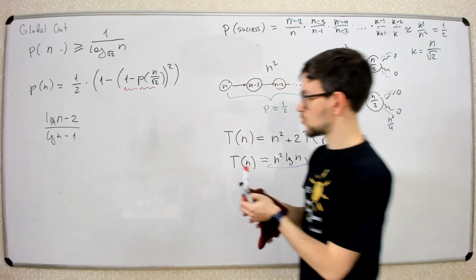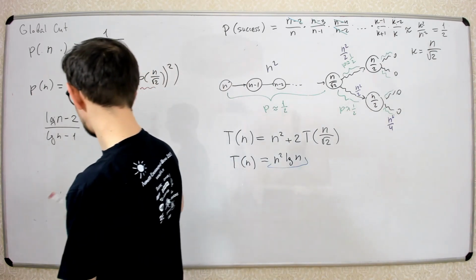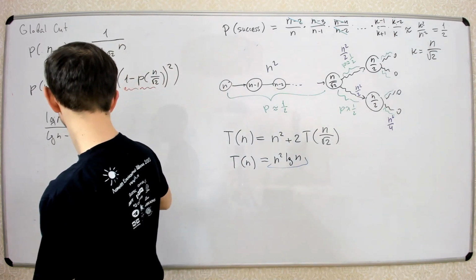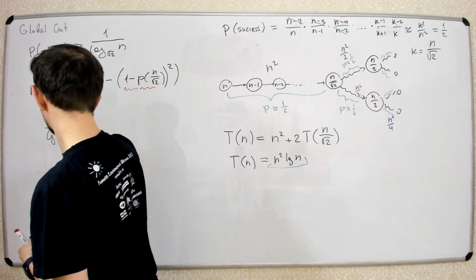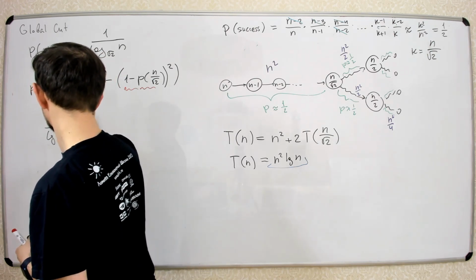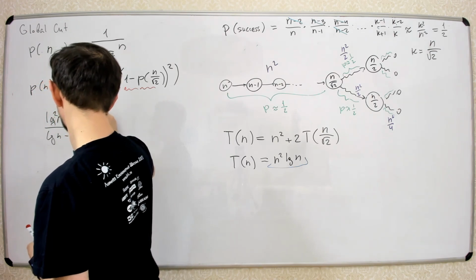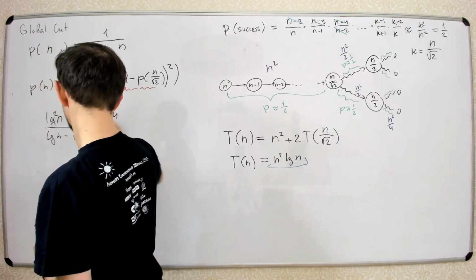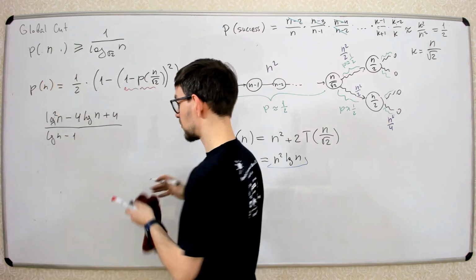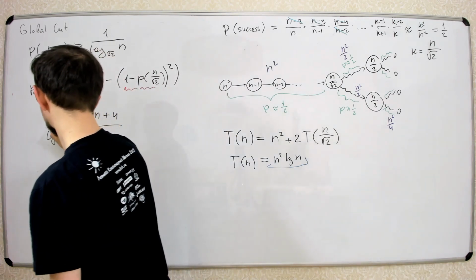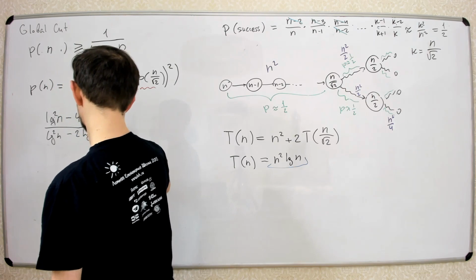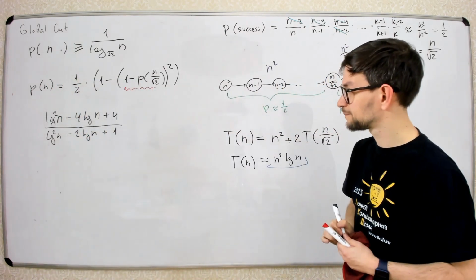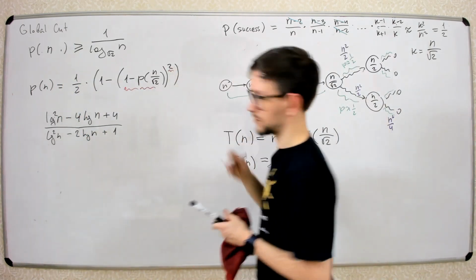So the square of this will be log squared minus 4 log n plus 4, over log squared minus 2 log n plus 1. So I just calculated this square.